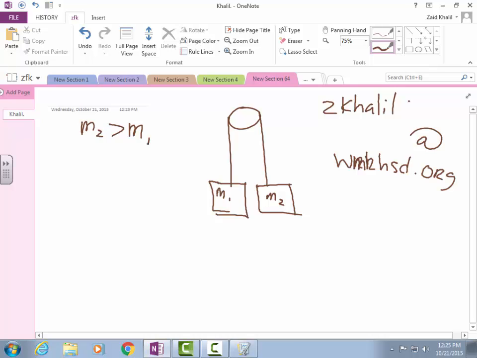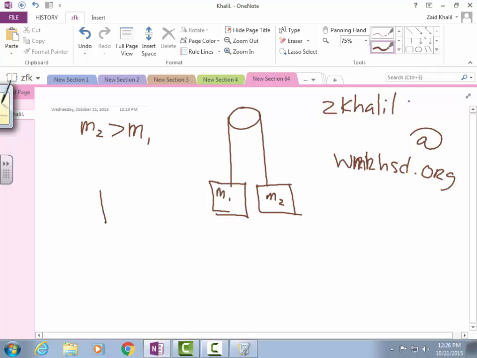What do you really see? You see the force of gravity on M2 driving the system, right? And you see the force of gravity on M1 doing what to the system? Retarding it. That's right. So it's like drawing it along a single line.